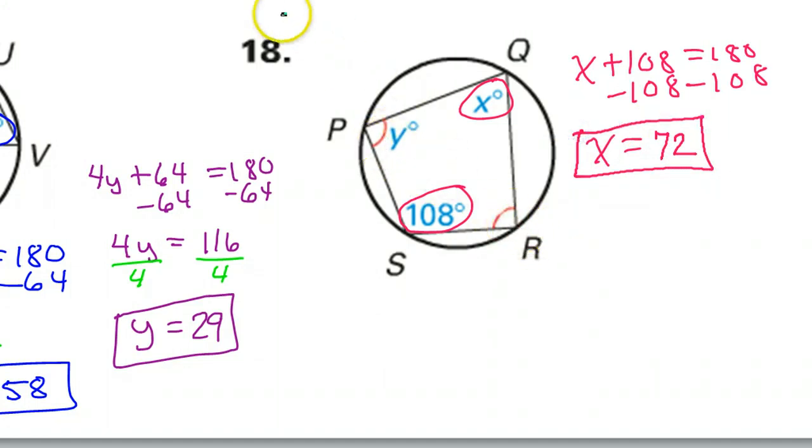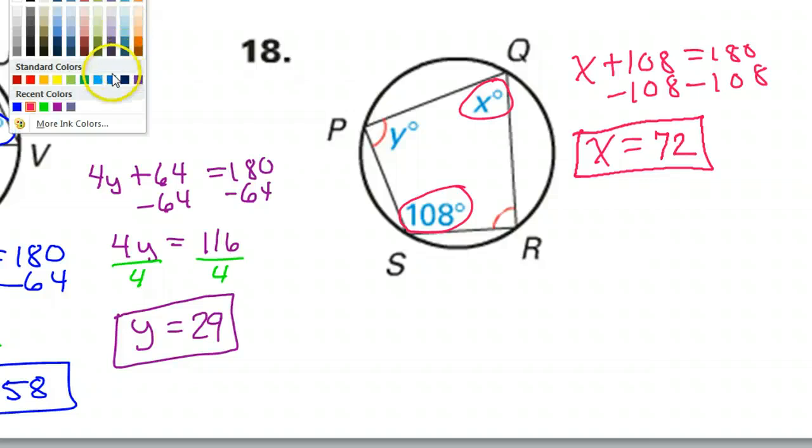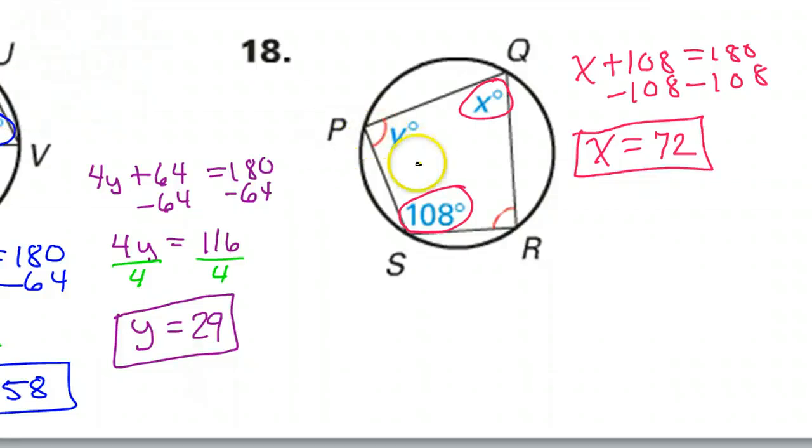Now, this last one, they're throwing one small trick in there for us. The trick is, see how these are marked the same? That means these two angles are the same. So even though they didn't give us any numbers, we know that they're both y. If this one's y, then this is going to be y. Now, these two angles are supplementary. So that means y plus y should equal 180 degrees.